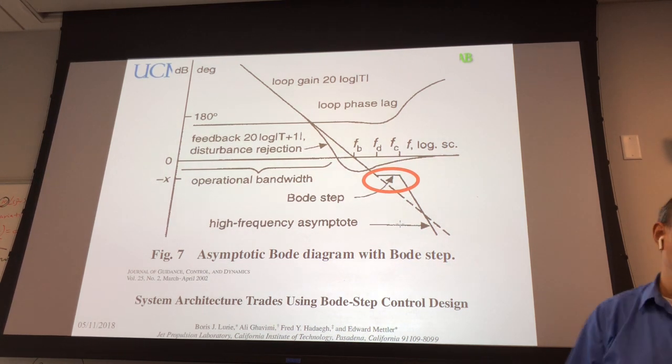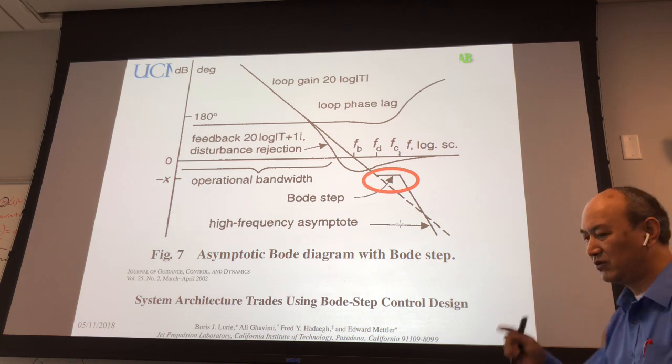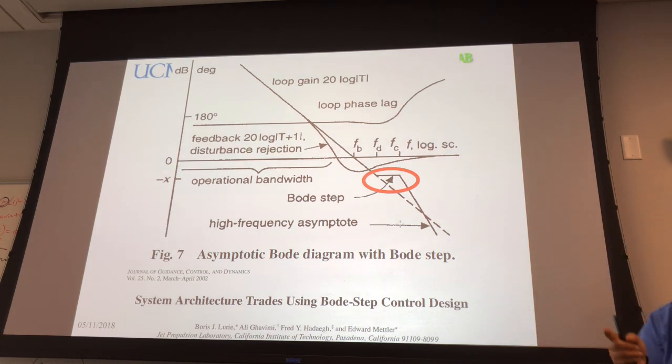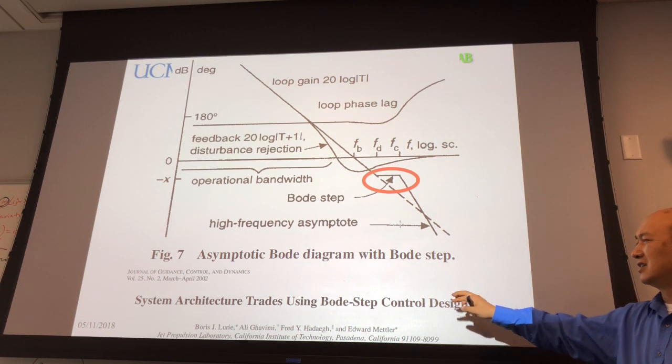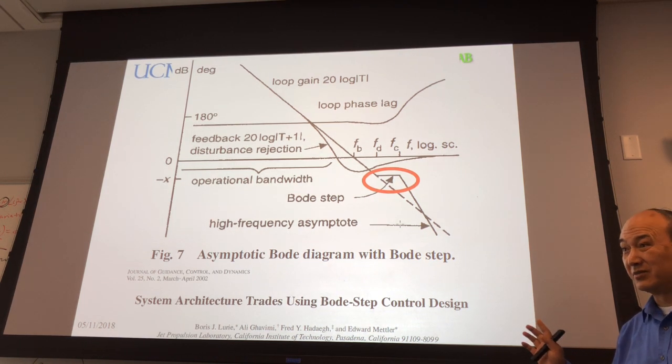So based on this principle, Boris Luria wrote a paper called System Architecture Traits using Bode step control design. To me, this is a new framework of designing control systems, but it's kind of a precursor concept of loop shaping.